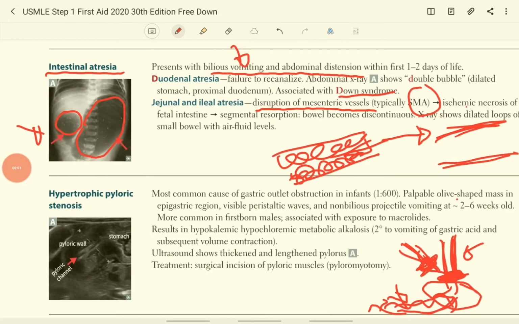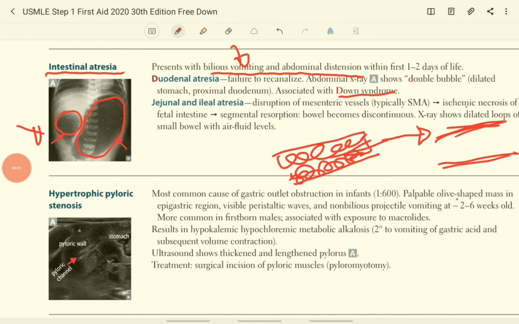In patients with jejunal and ileal atresia, there will be a disruption of mesenteric vessels, especially the superior mesenteric artery.